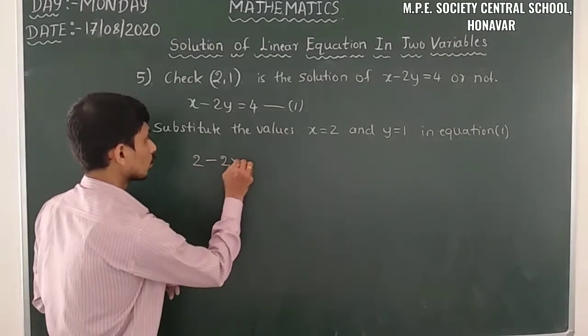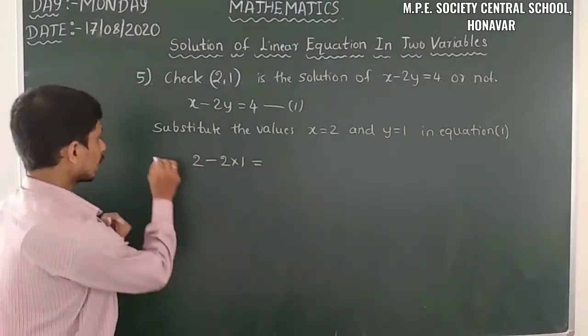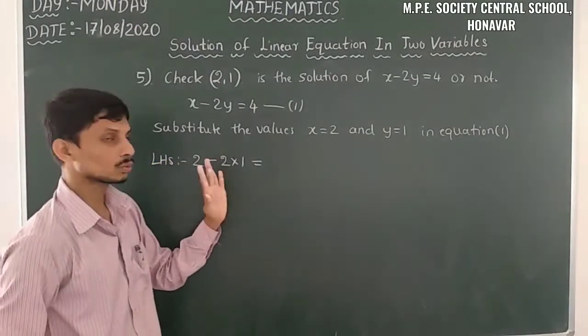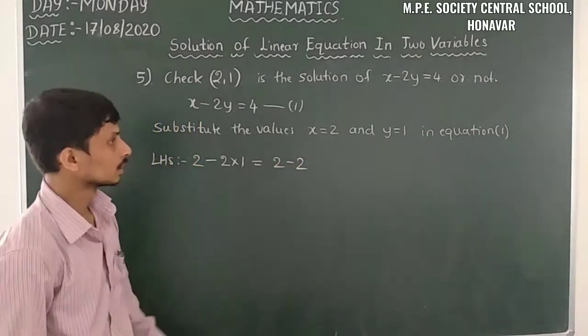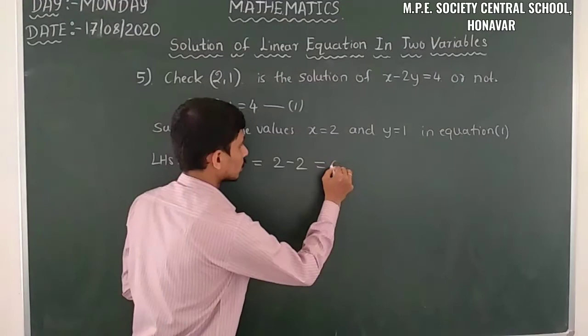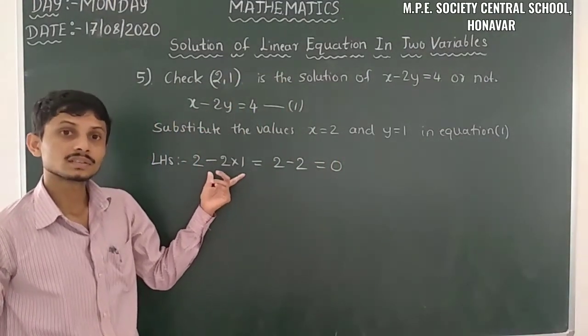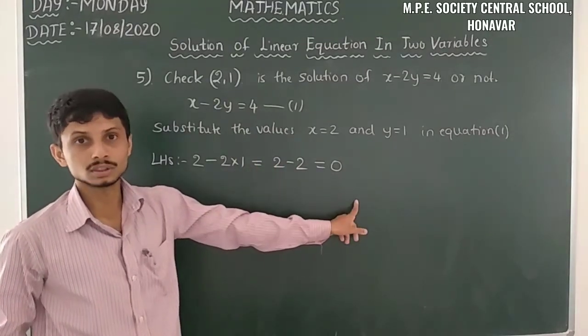Firstly, I will take this as the LHS. So 2 minus 2 into 1, that is 2 minus 2, is equal to 0. So the result we got is equal to 0 here.